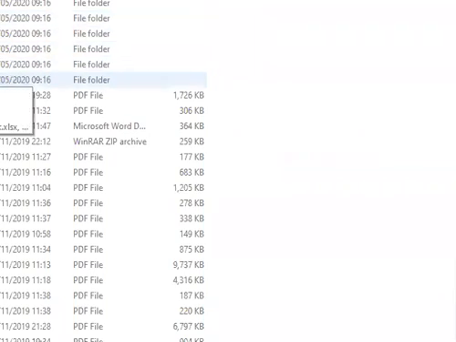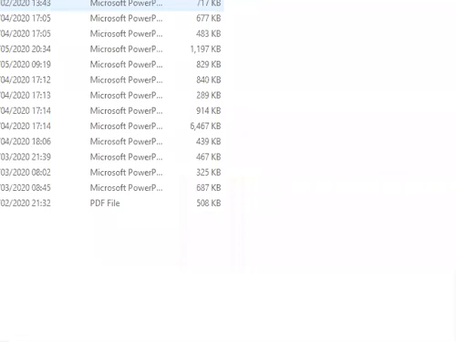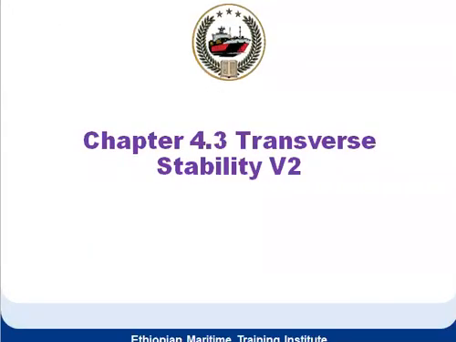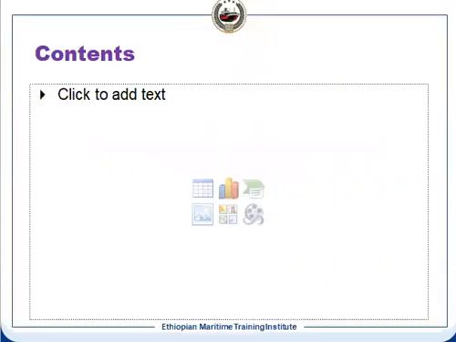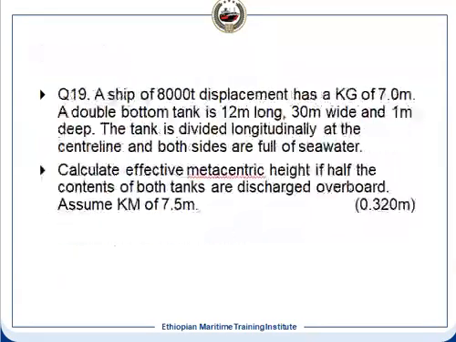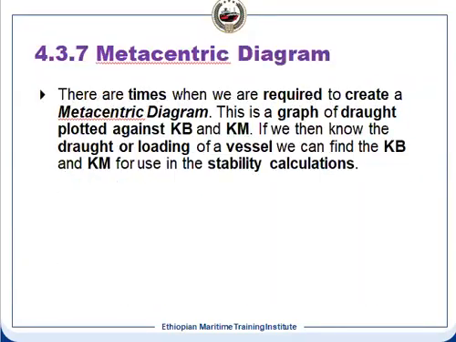One of you had a question. Let us clarify that, and then we'll start this topic. The question was in the previous chapter, on the free surface effect, what we had calculated.